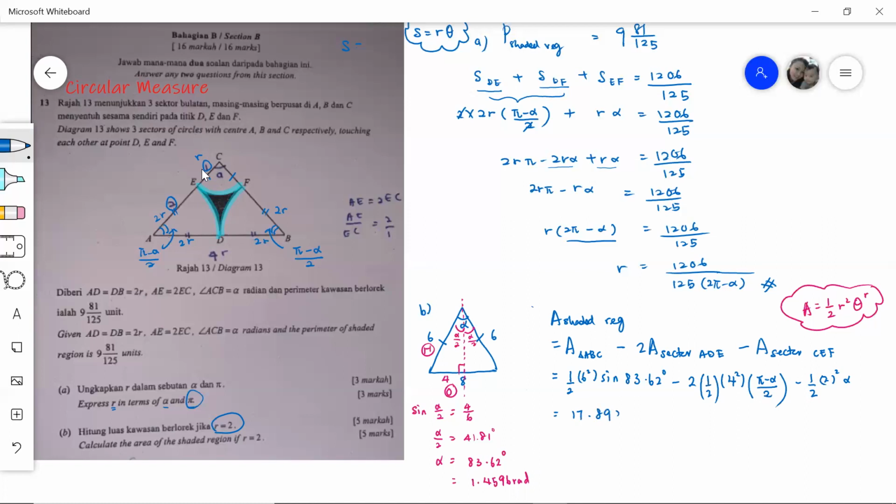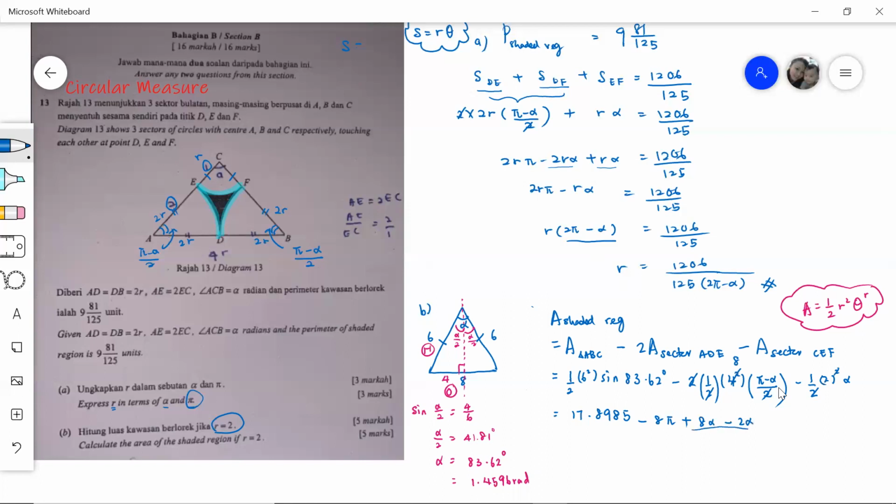Okay, so use calculator, 17.8985 minus, we can simplify this, 4 squared 16, simplify with 2, so we got 8 here. And then this one we simplify. So let's open up the bracket. We have minus 8 pi, negative becomes positive, yeah, this one. The negative here, negative 8 times the negative alpha, so we have positive 8 alpha and then minus 2 alpha.